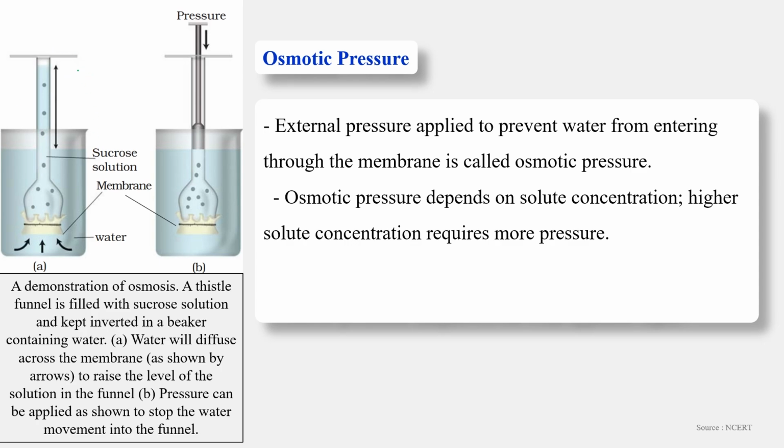I can clear this experiment with the help of this diagram. This is the demonstration of osmosis. This is a funnel which contains sucrose solution. Just now I have read it out for you. And when we put this funnel in an inverted position in a jar which contains pure water, and the funnel mouth is covered with a semi-permeable membrane, then what will happen?